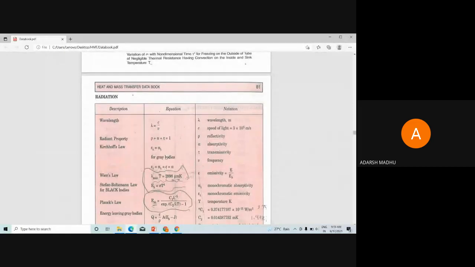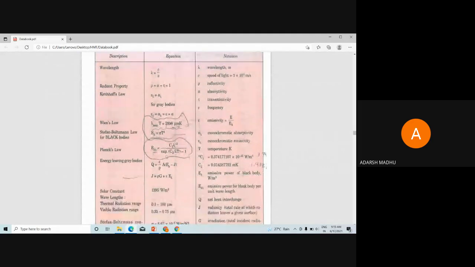Here we can see many equations that we have studied in your previous and present classes: Wien's law, Stefan-Boltzmann's law, Planck's law. Lambda max into T equal to 2898 is there. Stefan-Boltzmann, E_b equal to sigma T raised to 4, is given.